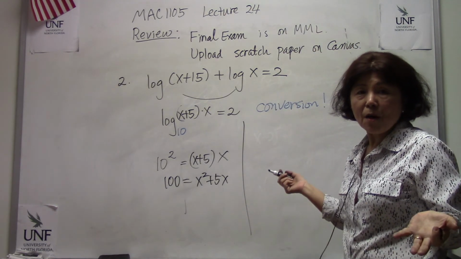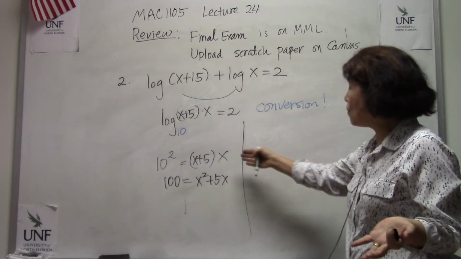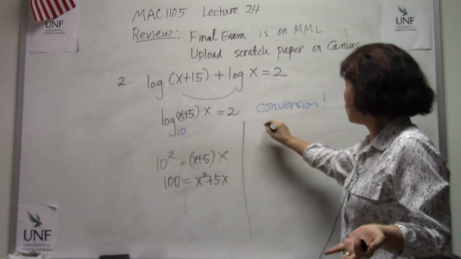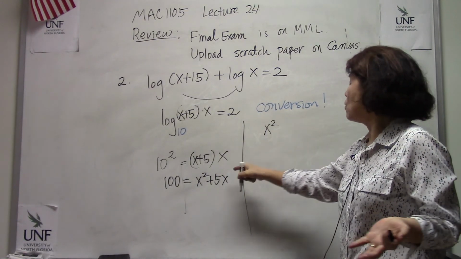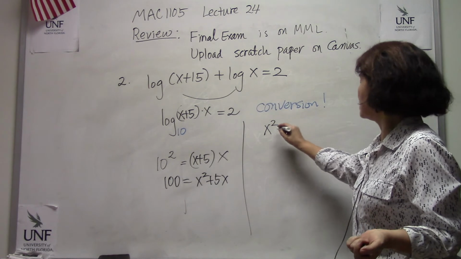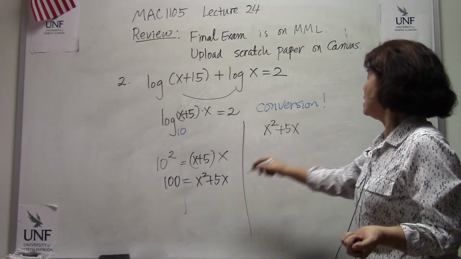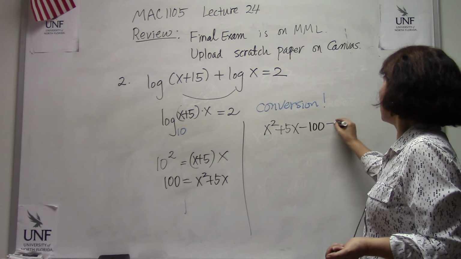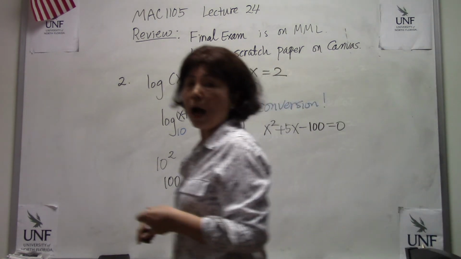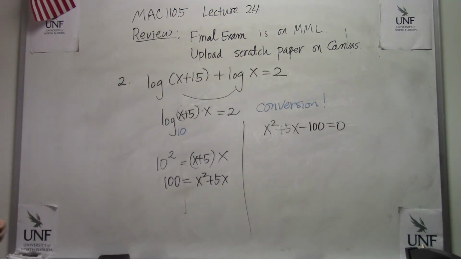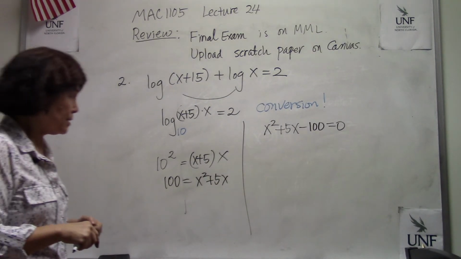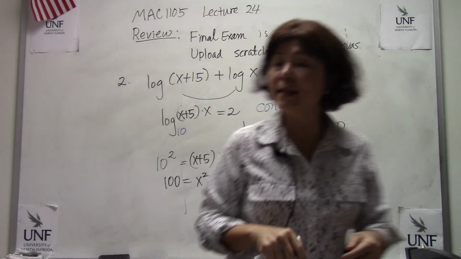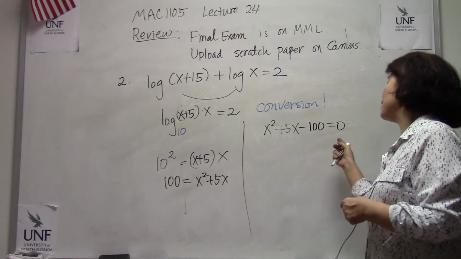So now it becomes a quadratic equation. When you have that, you're going to make one side 0. So x squared plus 15x, subtract 100 from both sides, minus 100 equals 0. How are you going to solve it? Either you factor or use the quadratic formula, but in this case, factoring is very easy.